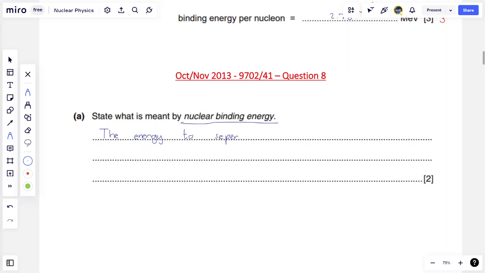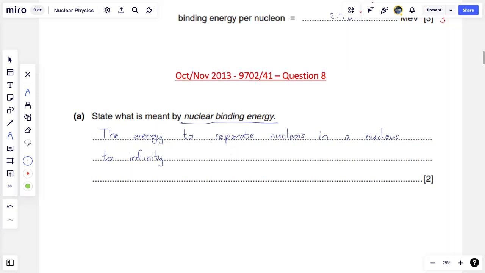Remember, we want to separate the nucleons that are in a nucleus, but not just to separate them, but to separate them to infinity. To infinity in this case means to literally take each of the nucleons and remove them from the nucleus. That's the total binding energy.